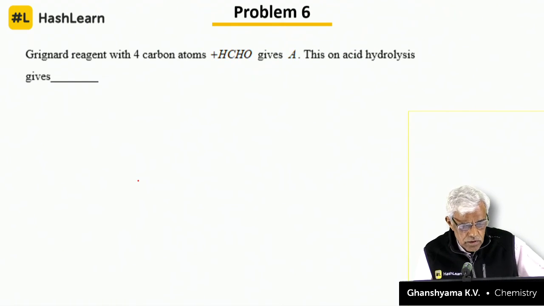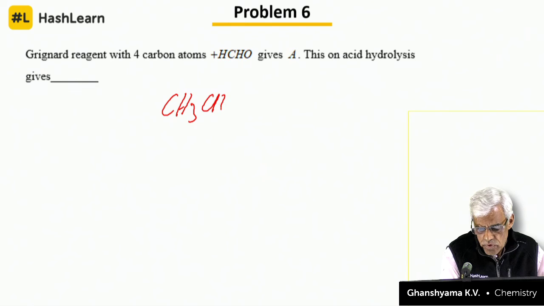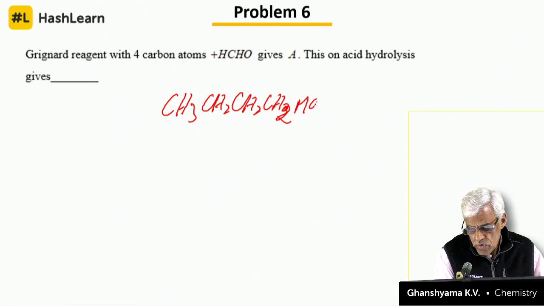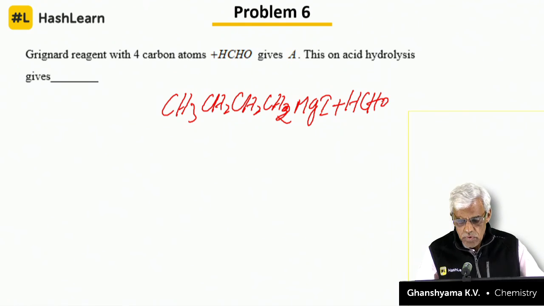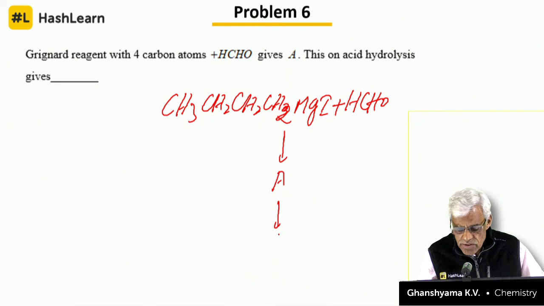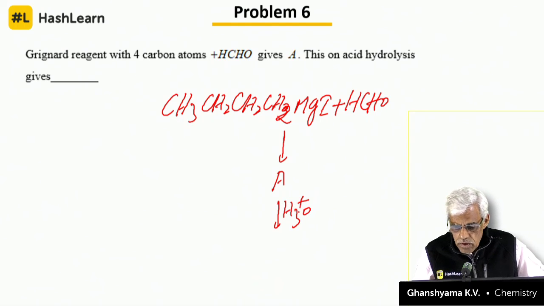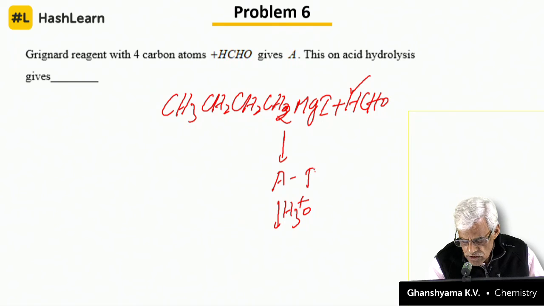Okay. A Grignard reagent with 4 carbon atoms, that is CH3 CH2 CH2 CH2 MgI, reacts with HCHO to give a compound A, which on acid hydrolysis will give what? You know that any Grignard reagent with formaldehyde will give a primary alcohol. So, A is a primary alcohol.